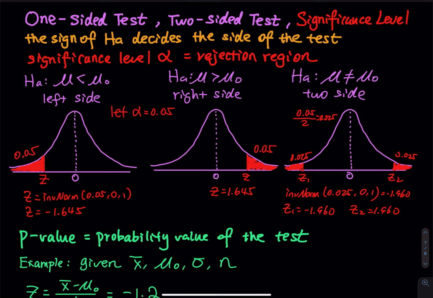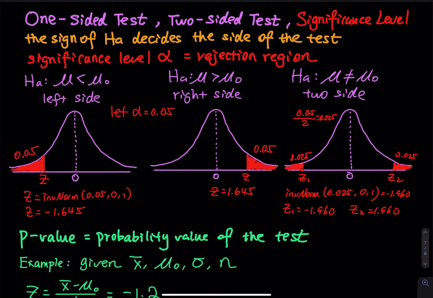How about two sides? So for two sides, if you use a not equal, mu not equal to mu naught, that will be a two-sided test. So you already know that alpha is 0.05. Since that is a two-sided, you have to divide the alpha into two pieces. So 0.05 you divide it by 2, so you have 0.025, one piece on the left and then one piece on the right. So in this case, you have to find another Z. I call that Z1 and Z2, Z1 on the left and Z2 on the right.